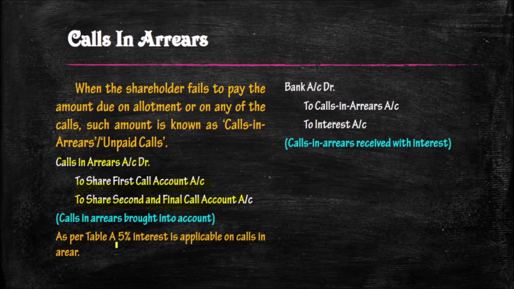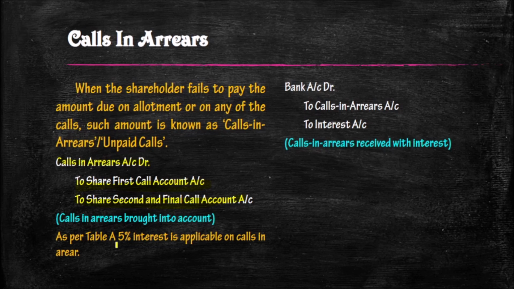Bank account debtor, calls in arrear account debtor to share allotment. If we are not opening the calls in arrear account, the entry will be bank account debtor to share allotment or bank account debtor to share first call. No need of writing the calls in arrear amounts. At that time, we can deduct the amount, and what we are actually receiving in the bank account, that is to be recorded. That only is to be recorded in the company's bank account.